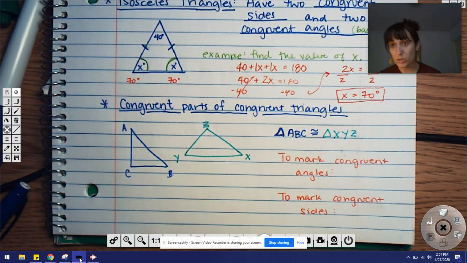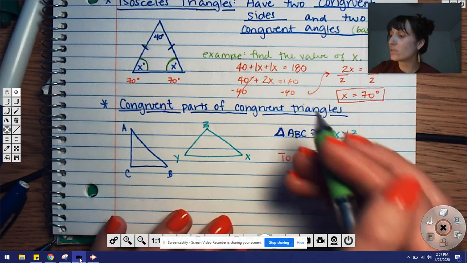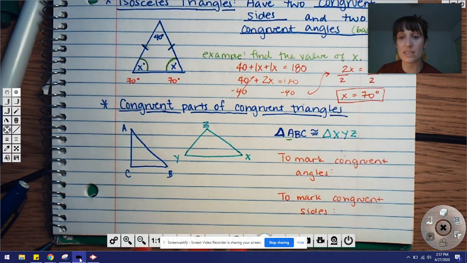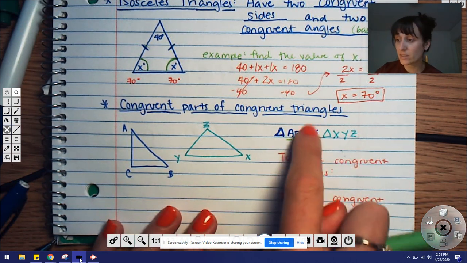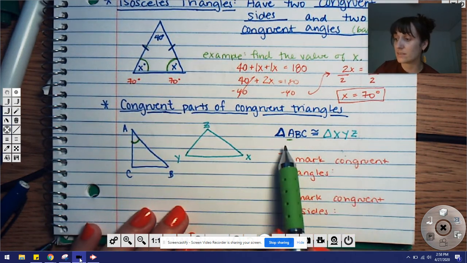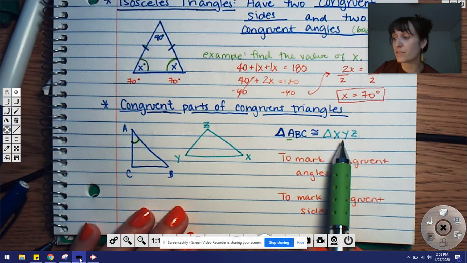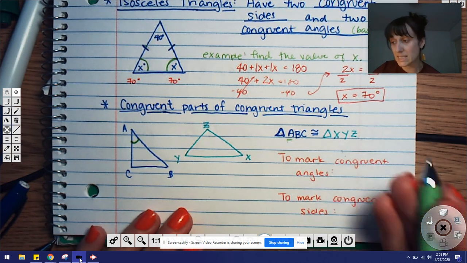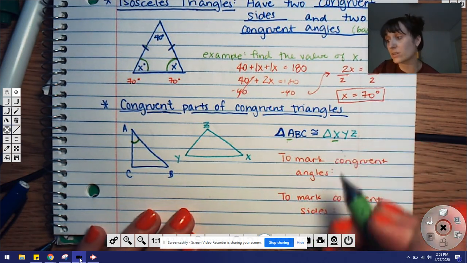When you label congruent triangles, you have to follow the same order. Since angle A came up first in this triangle, it means that angle A is going to be congruent to the first angle that's listed in the other triangle, angle X.